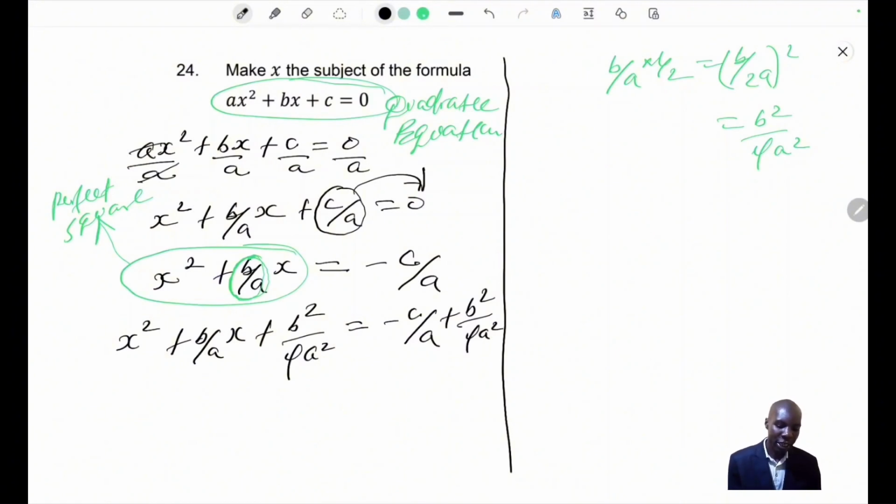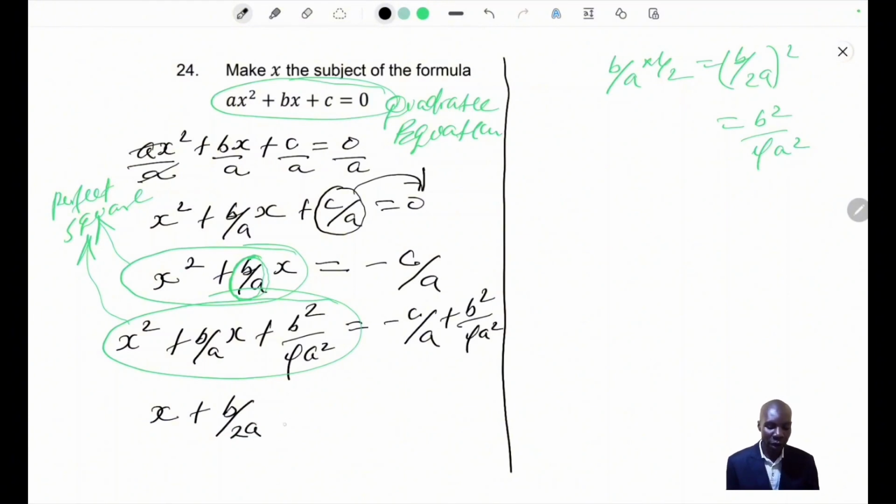So on the left-hand side, we now have a perfect square that can just be written as x plus b over 2a, which is half of the coefficient of x. Then we square everything, which should give us minus c over a plus b squared over 4a squared.